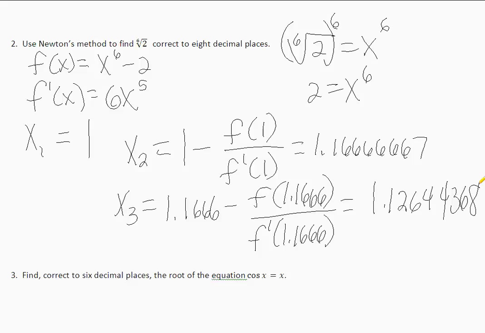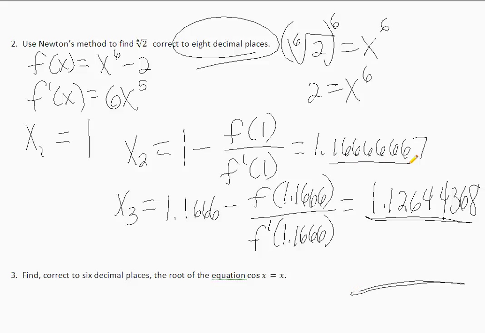Now, this correct to 8 decimal places is a pain. That means you stop when you get your answer and the next answer to be the same to 8 decimal places. Right now these are not the same to 8 decimal places, so I'd keep doing this. It actually comes out to be the same all the way at x6. So if you do x4, I think you get the idea.